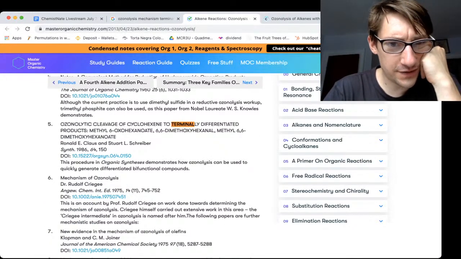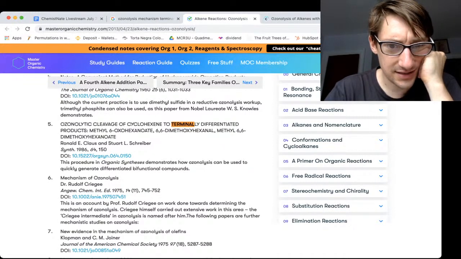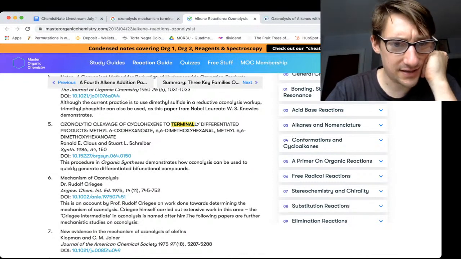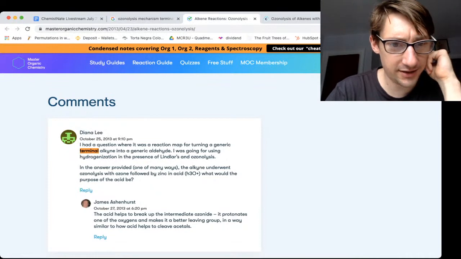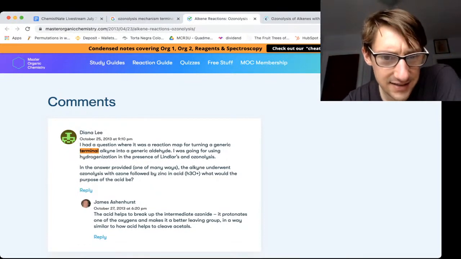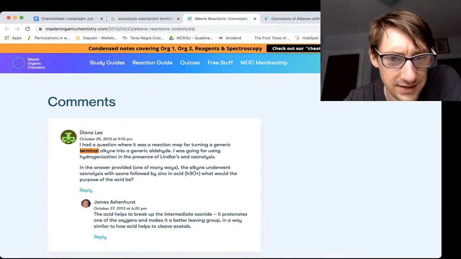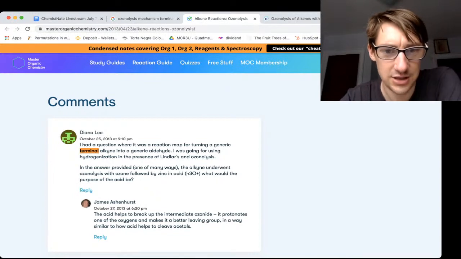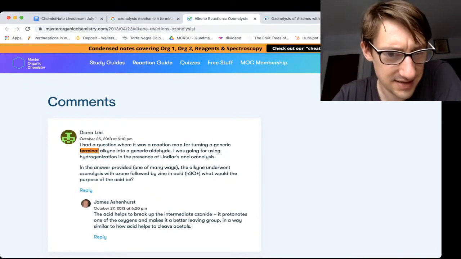Ozonolytic cleavage of cyclohexene to terminally differentiated products. Well, that's just a paper that they cited. I had a question where it was a reaction map for turning a generic terminal alkyne into an aldehyde. I was going for using hydrogenation in the presence of Lindlar's catalyst, which would reduce alkyne to just alkene, and ozonolysis.